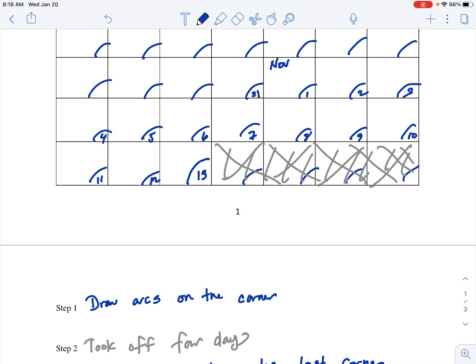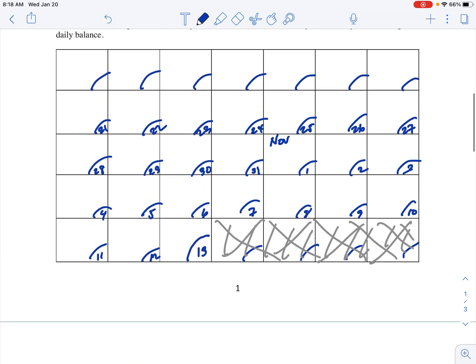So 31, 30, 29, 28, 27, 26, 25, 24, 23, 22, 21, 20, 19, 18, 17, 16, 15, 14. So that means on the 14th of October, that's when everything will start.